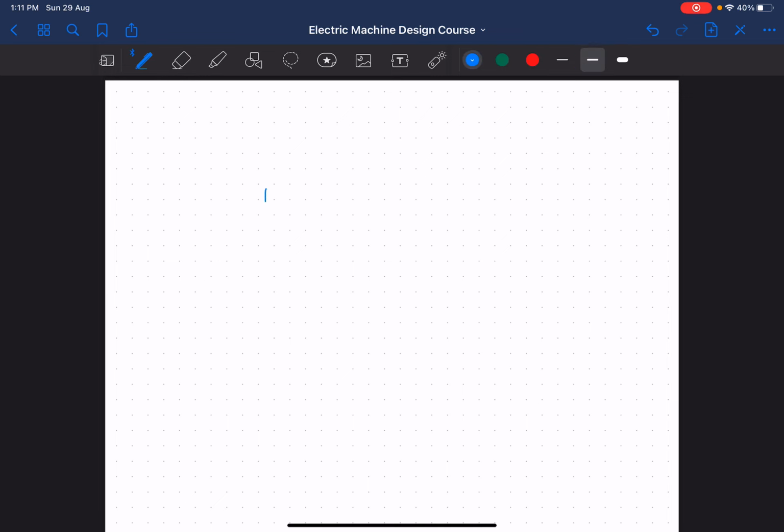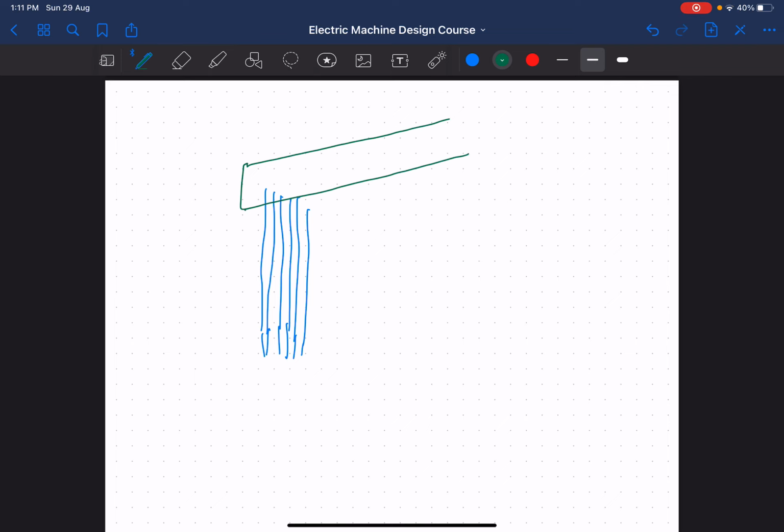If this is your core, you have an iron bar going like this, and then this bar extends from the other side as well.